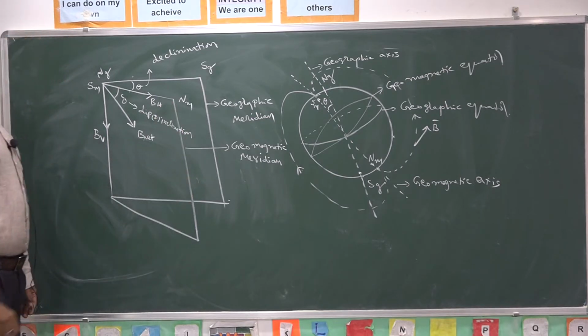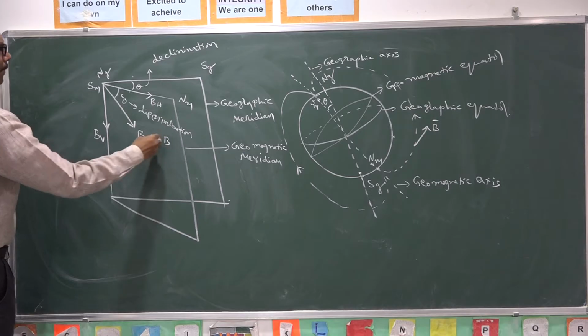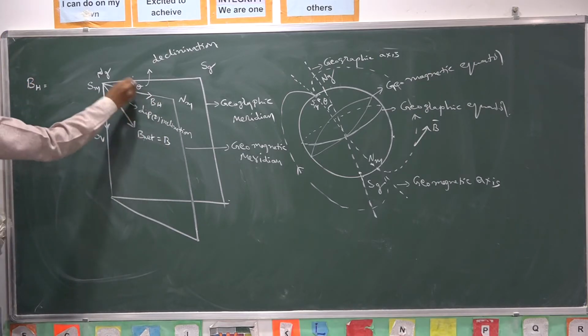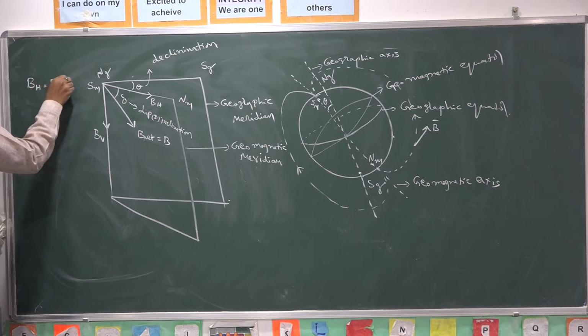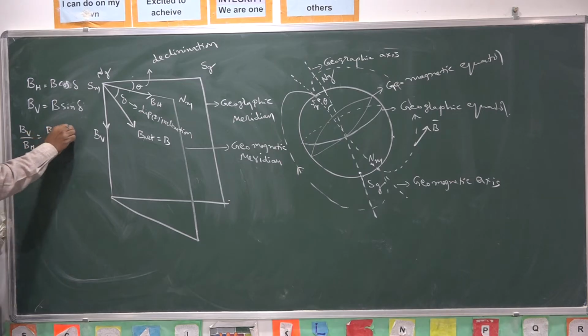Now clearly, suppose B net is B. Then horizontal component of earth magnetic field BH is given by B cos delta. BV is given by B sin delta. If I take the ratio of these two, BV by BH is equal to B sin delta by B cos delta.